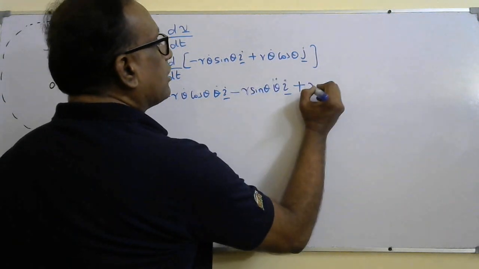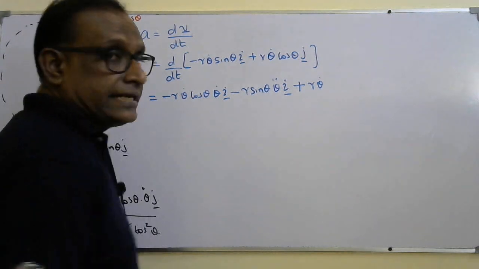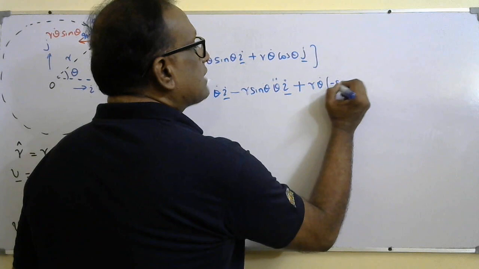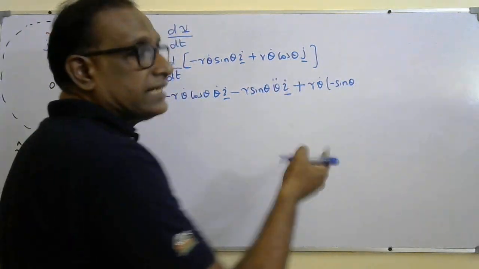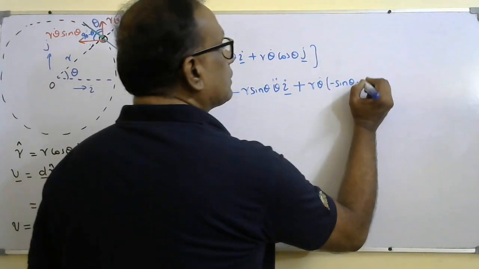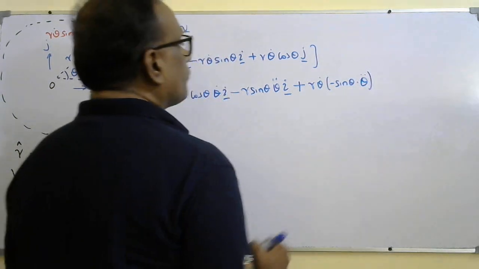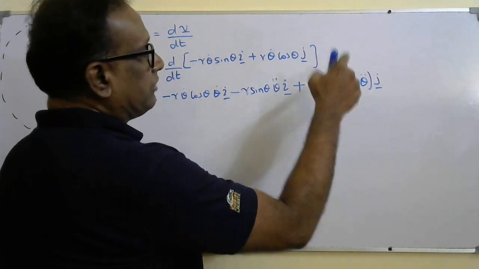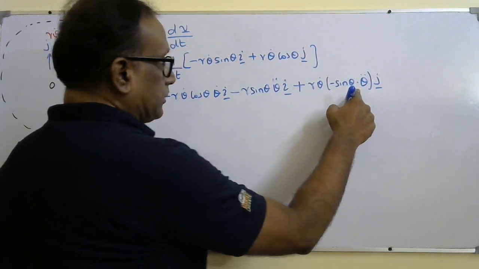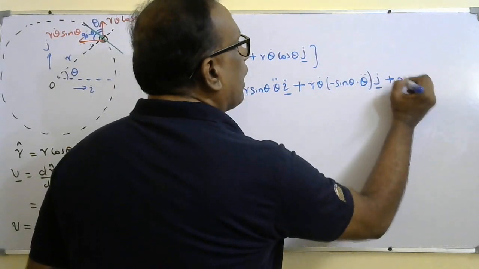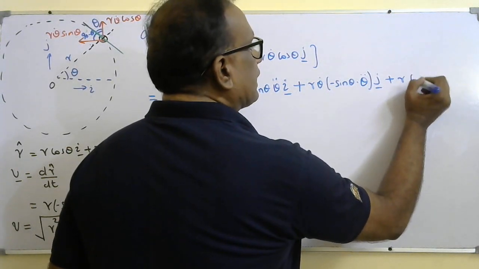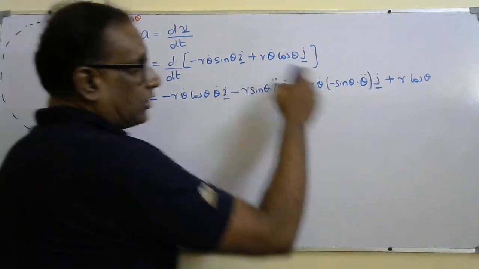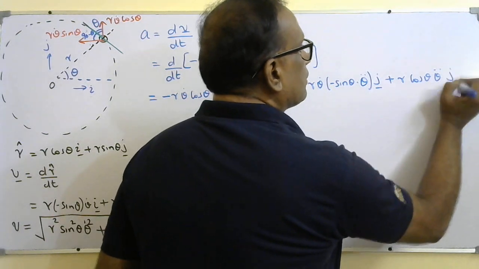Plus r theta dot. If I differentiate cos theta, it will become minus sine theta with respect to time. So minus sine theta, differentiate theta with respect to time, j. Is it r theta dot cos theta, if we differentiate, plus r cos theta, differentiate theta dot, theta double dot j.